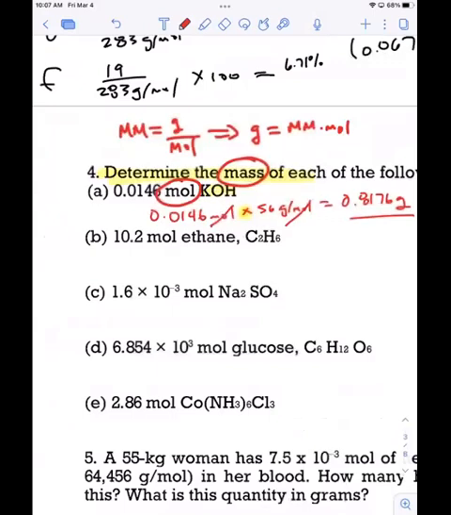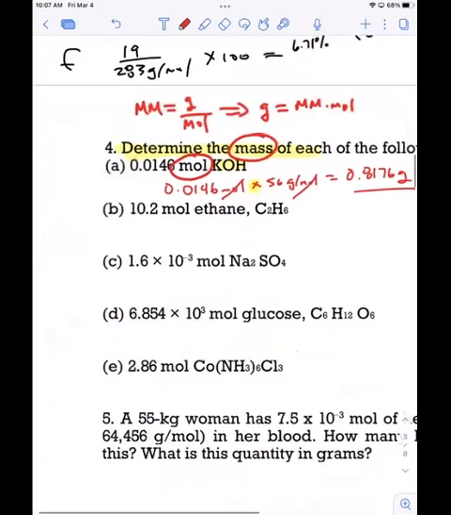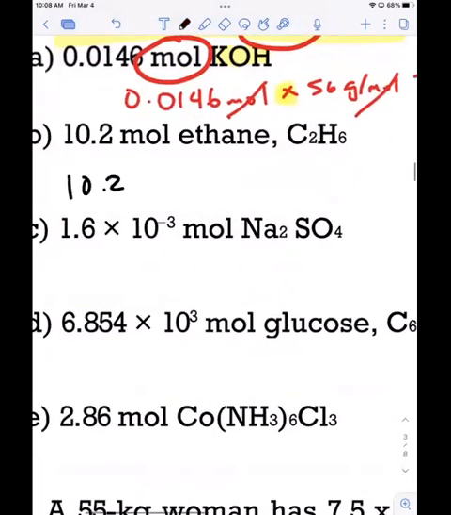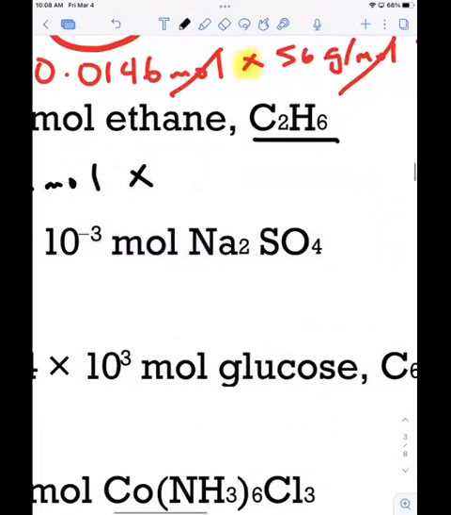All right, let's do B, 10.2 moles. So we know how many moles we have. And we're going to multiply that by the molecular weight of ethane, which is 30 grams per mole.